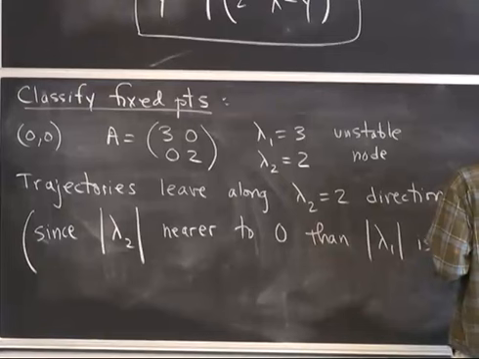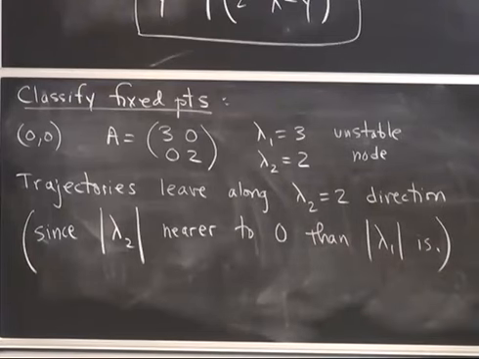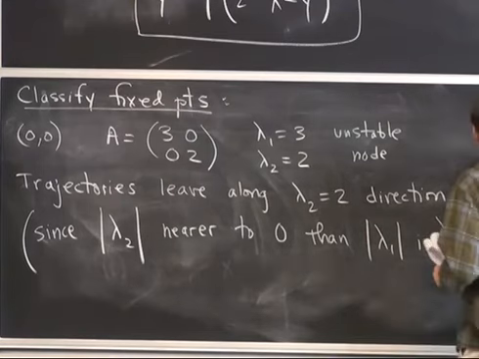For a diagonal matrix, you could just see that. So the eigenvector V2 corresponding to lambda 2 is the vector 0, 1. And so the trajectories, here now I'm in the xy plane. Here's x, rabbits. There's y, sheep.